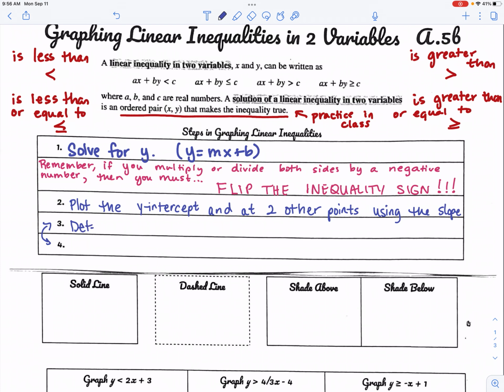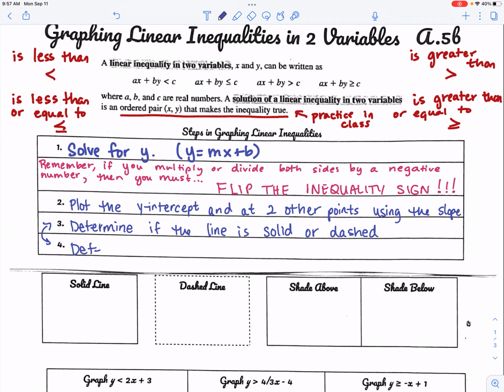We want to determine if the line is going to be solid or dashed or dotted. You'll see some places where it says dotted, some where it says dashed. It does not matter to me.